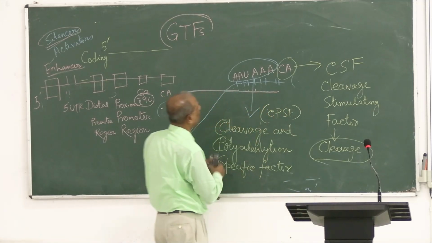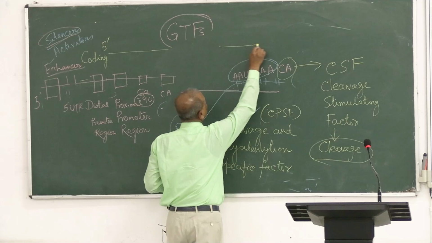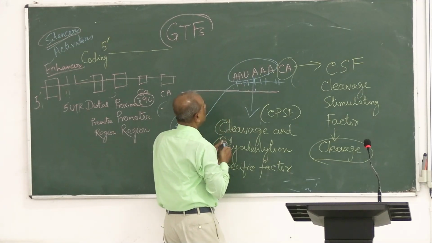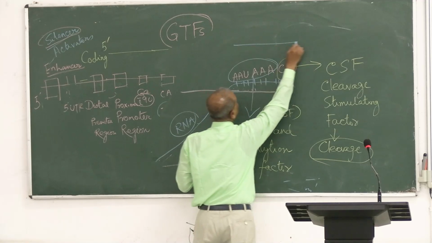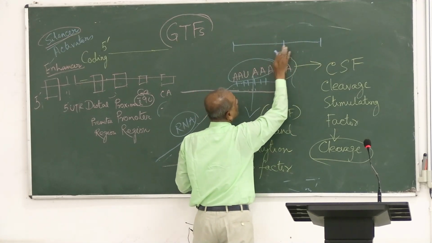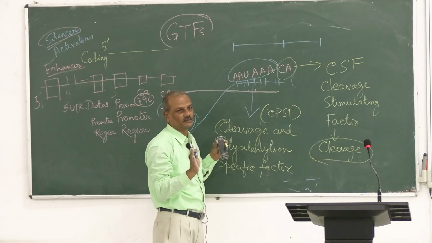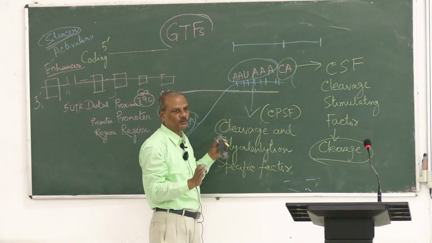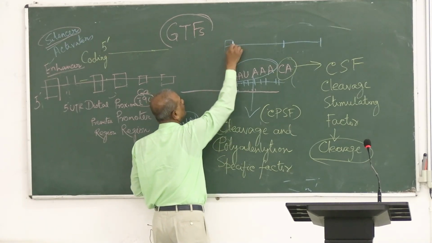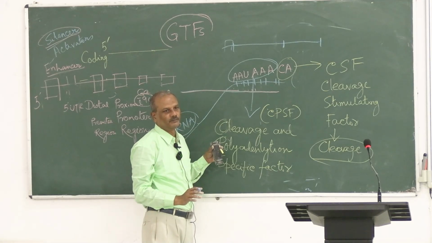Cleavage will occur. How will this cleavage occur? The cleavage will occur because you see this RNA is having this phosphodiester bond within this part. So, one endonuclease must be there. So, it will be endowed with the property of endonuclease. When a terminal part is cut, that is called exonuclease activity.